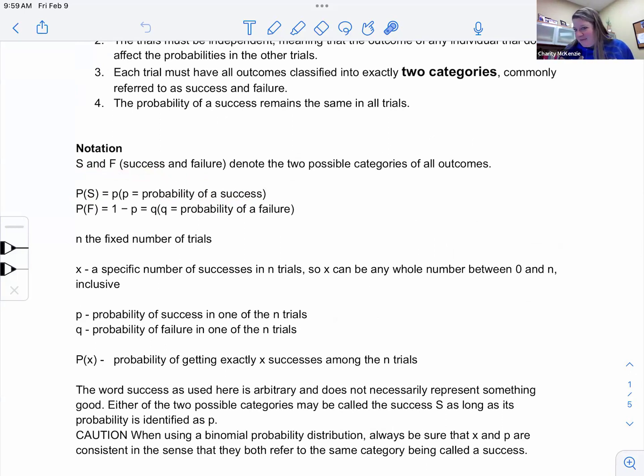They have a caution in here about it: it doesn't mean it's true, it's just the word we use, success. And then one minus that probability is the Q value, failure, so against or for whatever you're looking at.